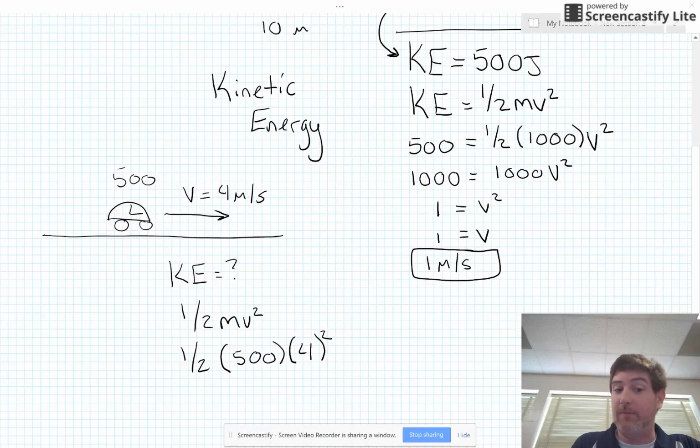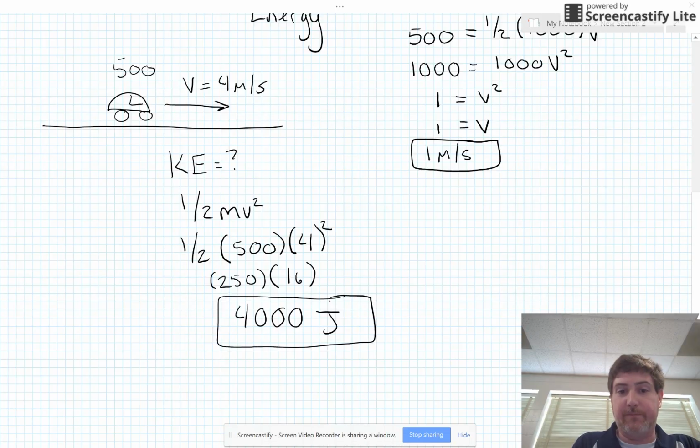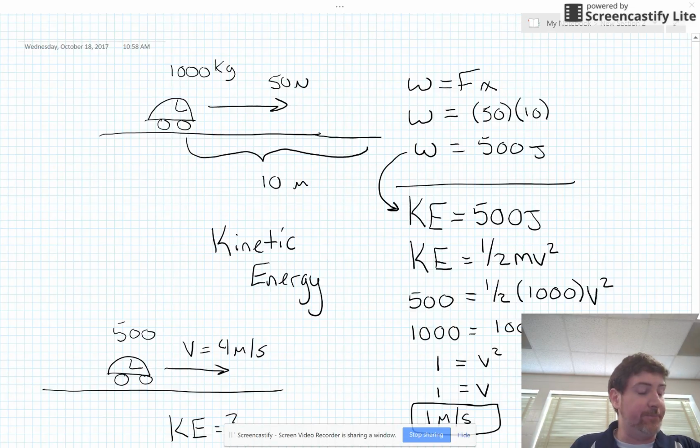We're only squaring the 4. So that ends up being 250 times 16, which is actually a little harder to do in my head than I thought it would be. I think it's going to be like 4,000, if I'm not mistaken. 4,000. And we're talking about energy, so it's still joules. So you're able to just plug in the numbers and solve for the energy.